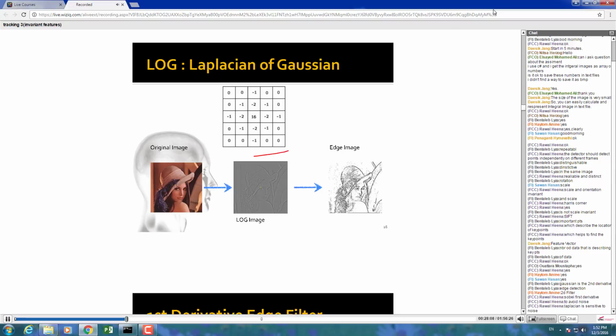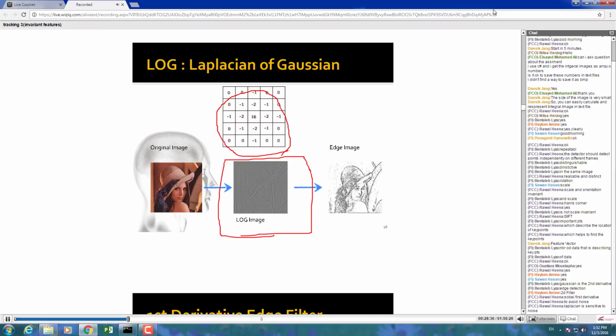So on this page, if you apply this kind of LOG kernel to an image, then you can get the second image. It looks like a very gray image, but the values of this image represent the Laplacian of Gaussian filtered image, the LOG image, right?